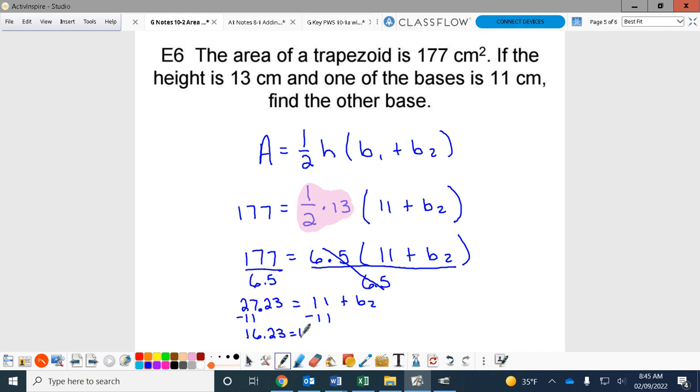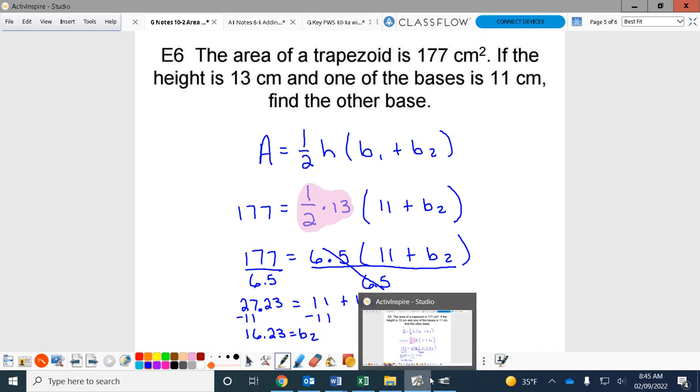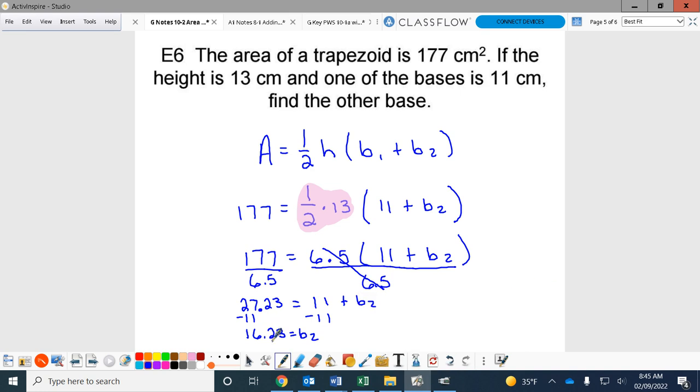Now, my final answer has to be rounded to 1 decimal place. So 16.2. So a 0.2 with a 3 after it would stay at 16.2. And it would be centimeters, plain old centimeters. So you distance, that's it, centimeters. Nice.